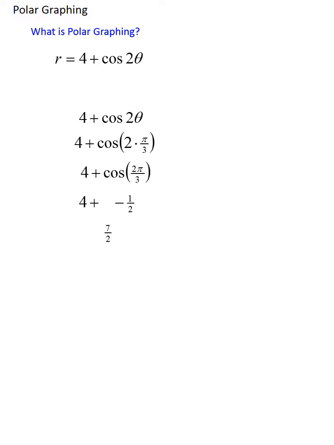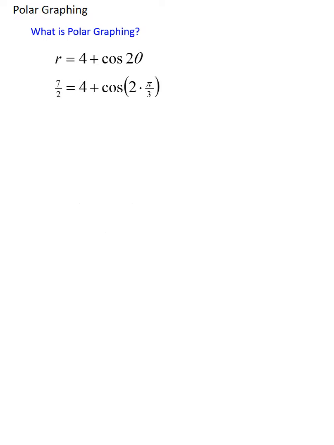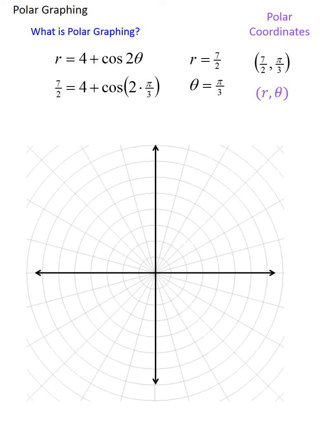And what that shows me is that for my randomly chosen value of theta, r is 7/2. In other words, this is a true statement when r is 7/2 and theta is pi over 3. We could put that in an ordered pair, which we call our polar coordinates, or our r theta coordinates, and we could plot those on a polar graph.